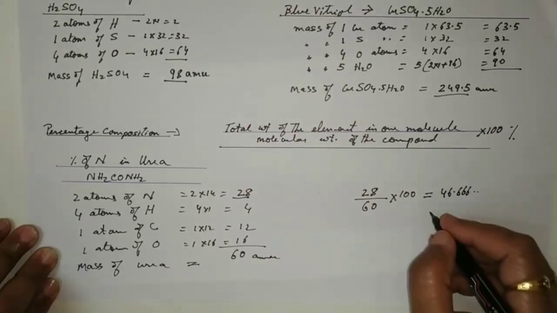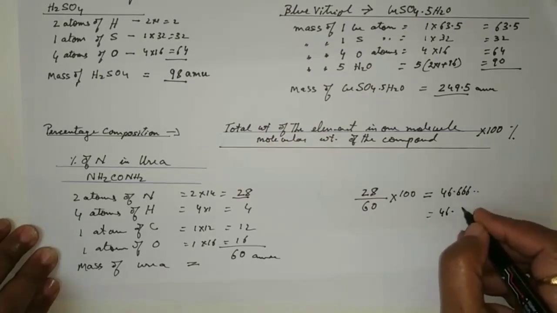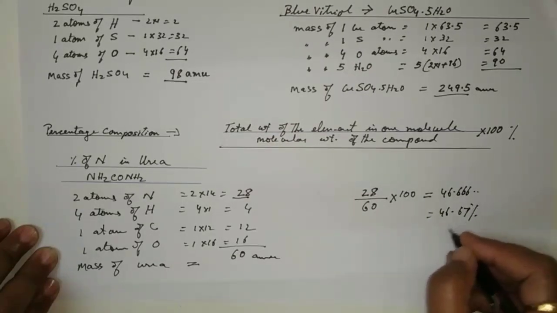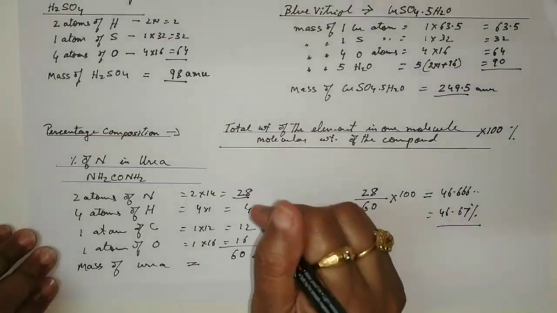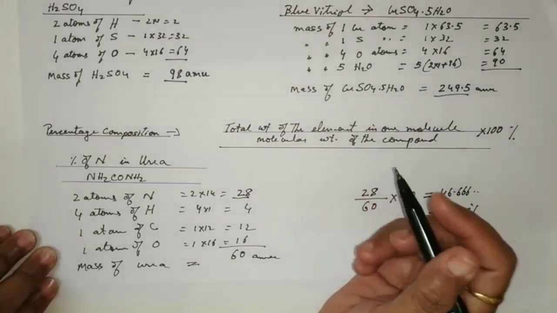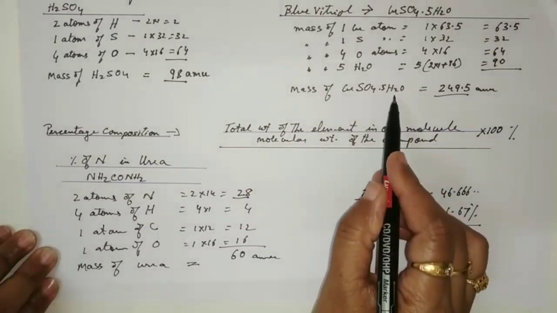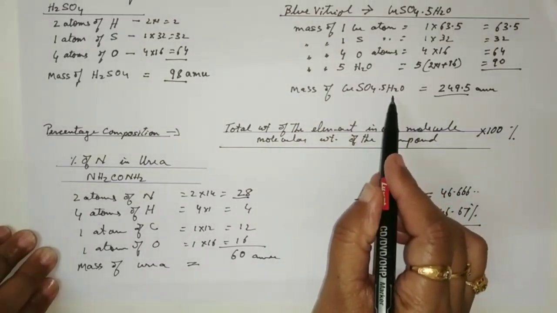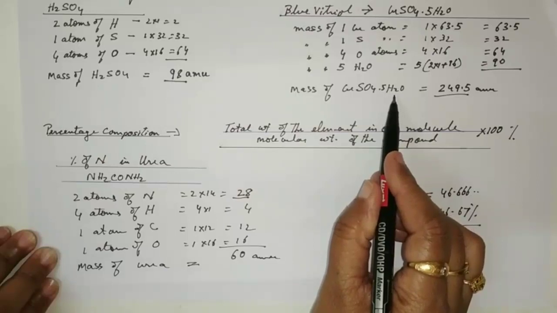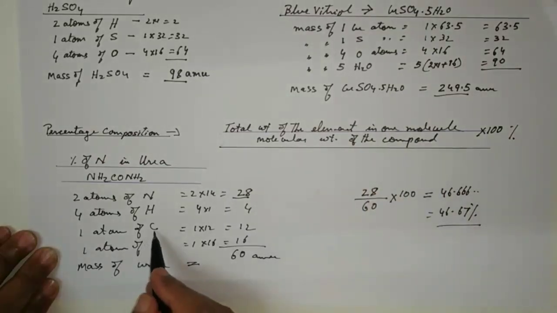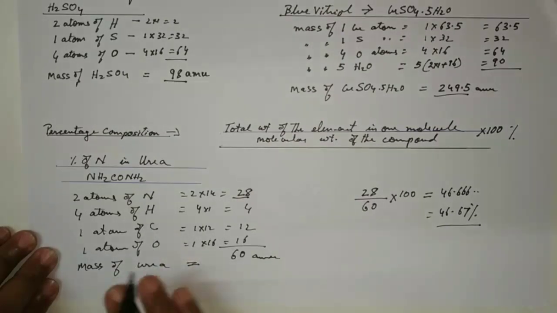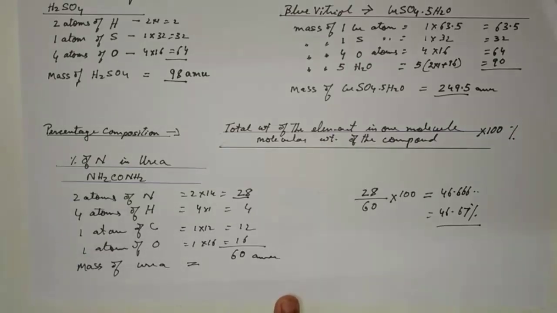This goes on, that is 46.67%. You can practice by asking how much is the percentage of hydrogen in water, percentage of oxygen in water. You can even calculate percentage of carbon in urea and go on with the calculations.